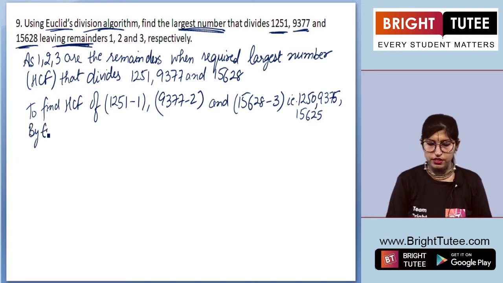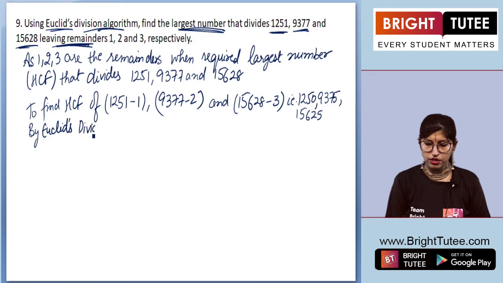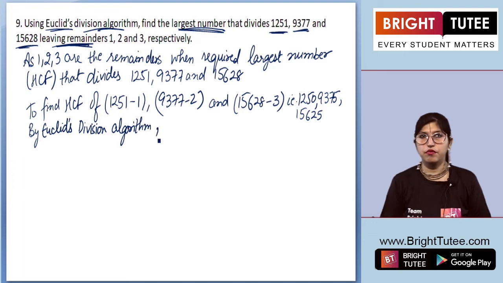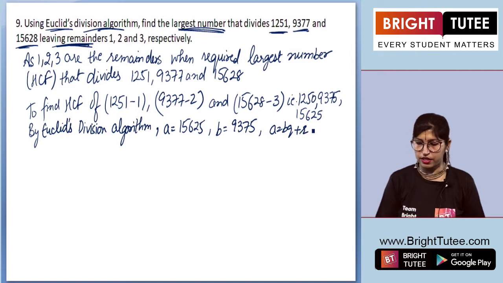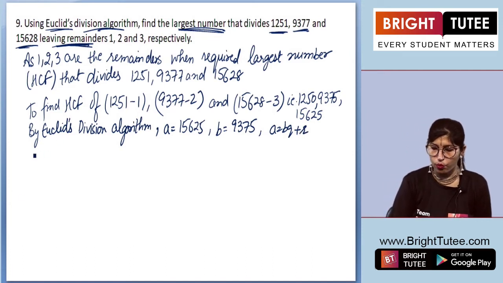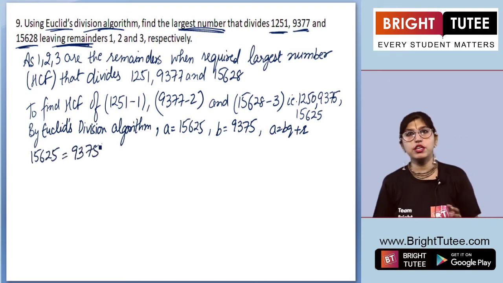So by Euclid's division algorithm, let's say A is 15625 and B is 9375, and we get A equals BQ plus R. By using Euclid's division algorithm, we need to find the HCF of these two numbers.